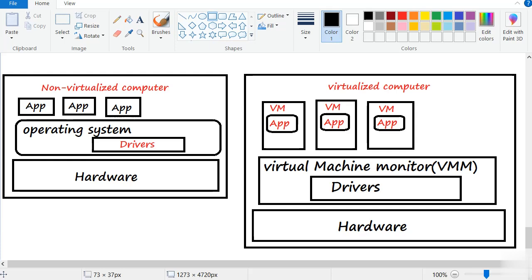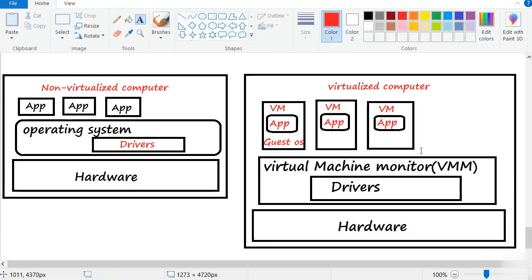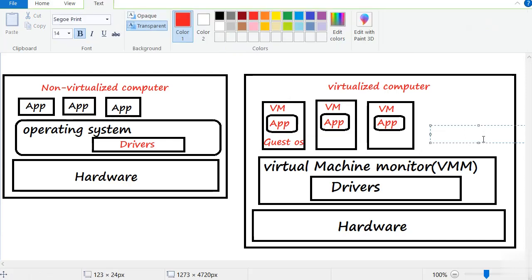So, as I have discussed, we can install one OS in another OS. By using software implementation, you can create guest operating systems. Like in Windows OS, you can install Linux, and you can install Ubuntu.